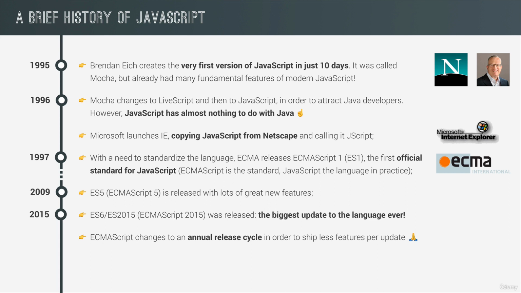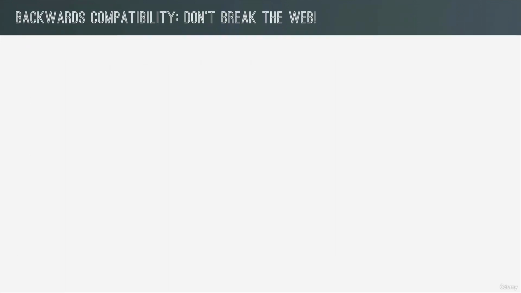And so this way, it's going to be much easier for everyone to keep up to date. And so according to this new annual release cycle, in 2016, ES2016 or ES7 was released, ES2017 in 2017, and like this, it will continue until the end of time, or something like that.